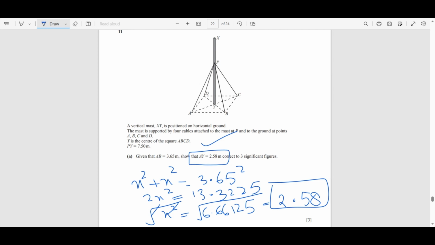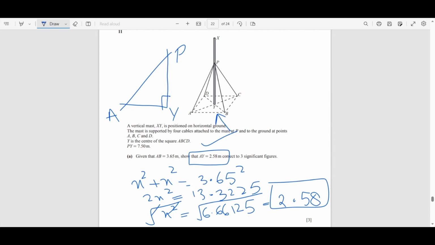From a certain angle, PYA looks like an obtuse angle, but it's not actually like that. This is P, this is Y, and this is A, where P is vertically above Y and A is on the level ground, so PYA always has to be 90 degrees.